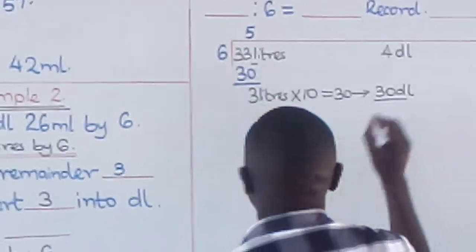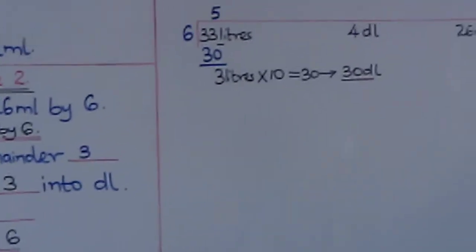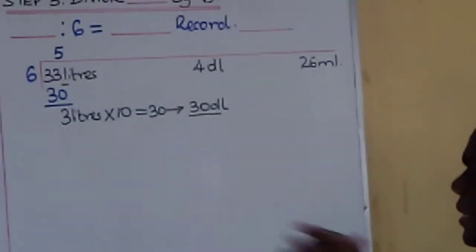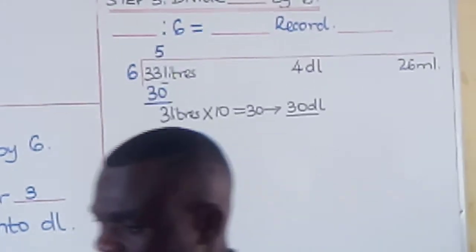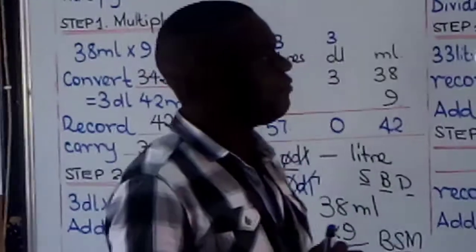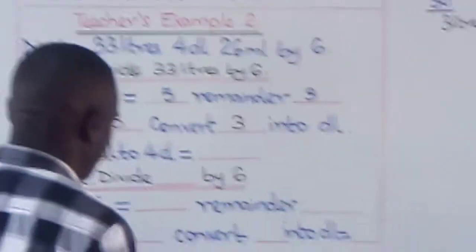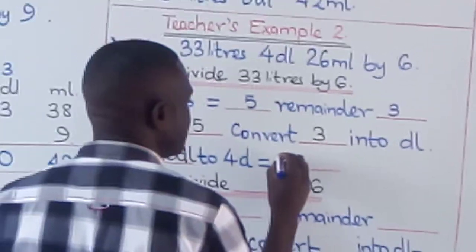Look at that, boys and girls. What is 30 plus 4? Yes, Joy. Very good. 34. The answer is 34. And so we're writing here 34.